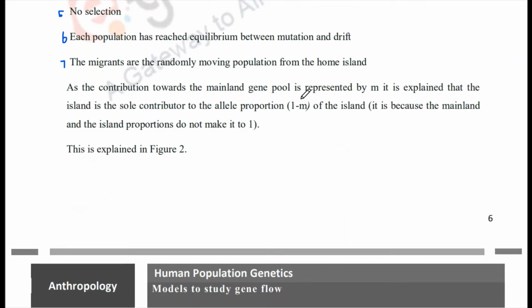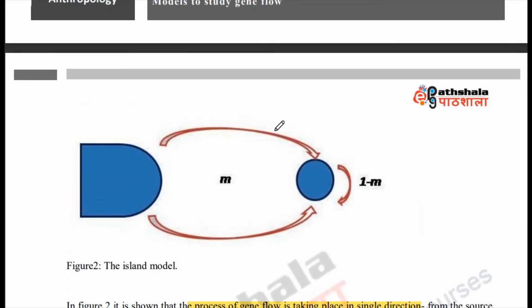As the contribution from the mainland gene pool is presented by m, it is explained that the mainland is the sole contributor of the allele proportion. So here is the figure from the mainland to the island.